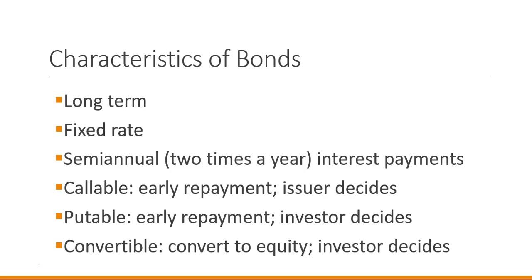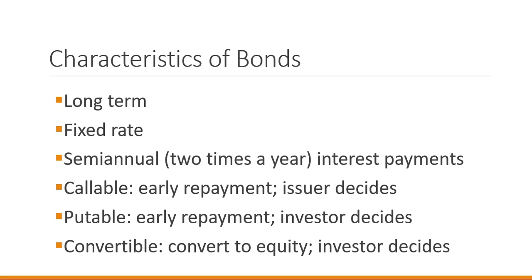A callable bond means that the bond can be repaid early at the decision of the issuer. A puttable bond means that the bond can be repaid early at the decision of an investor. So for a callable bond, this feature is favorable to the issuer. It gives them additional flexibility.